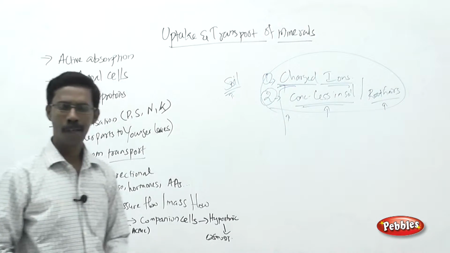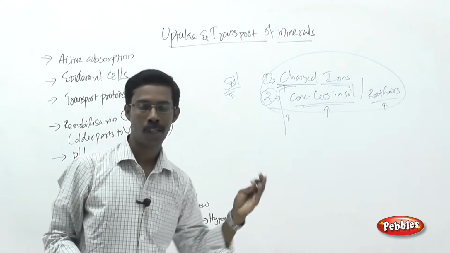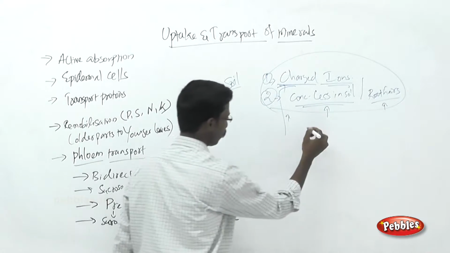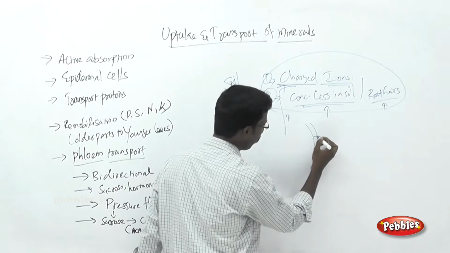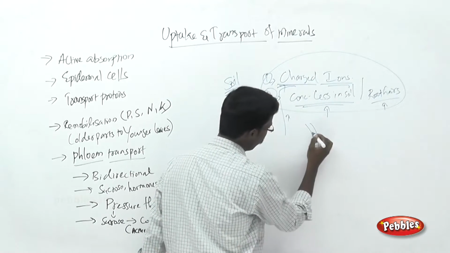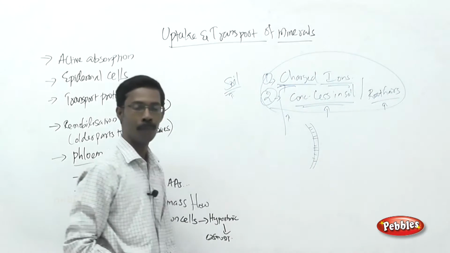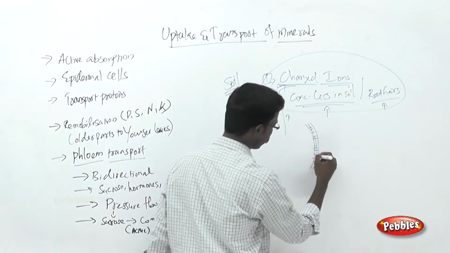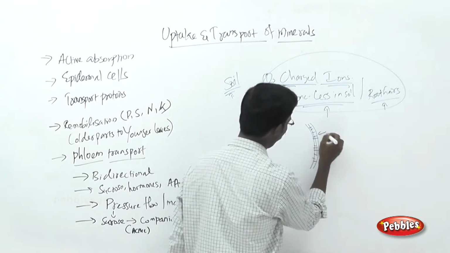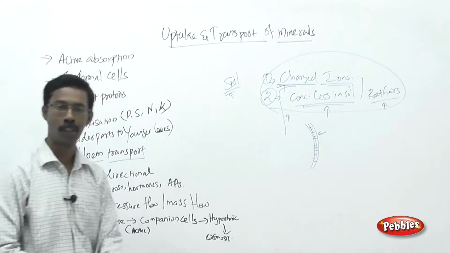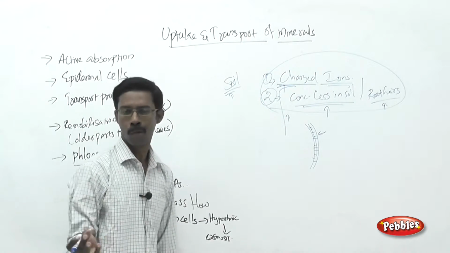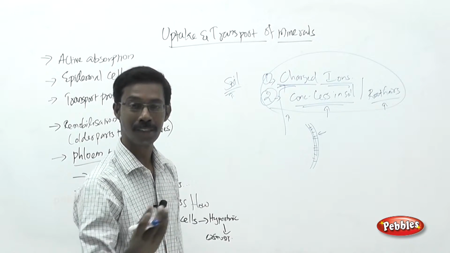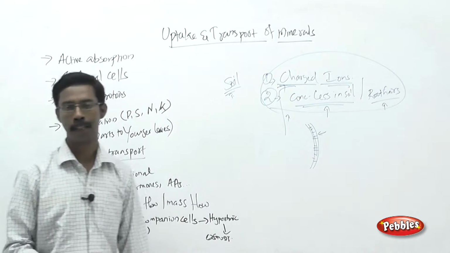Wherever charged particles try to enter into the cell, as I told you, the cell membrane is semi-permeable. So it is normally impermeable to charged molecules. This is the lipid bilayer cell membrane. It will not allow charged molecules into the cell, and only neutral molecules or water-like substances can easily diffuse through the cell membrane.